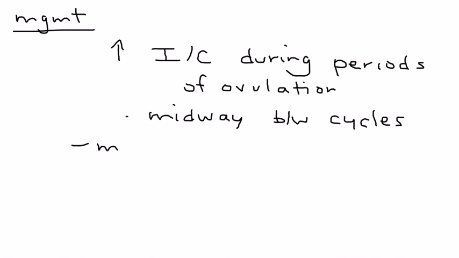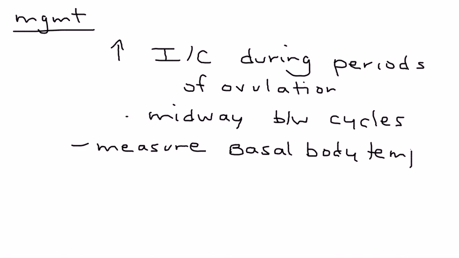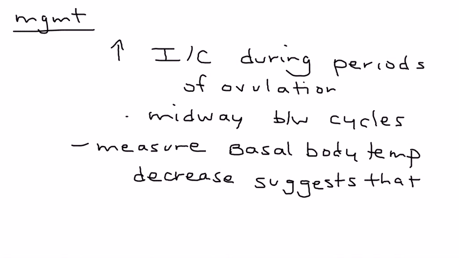Or you can measure basal body temperature, and this reading can help guide you. For example, when the body temperature decreases, it suggests that ovulation is about to occur.